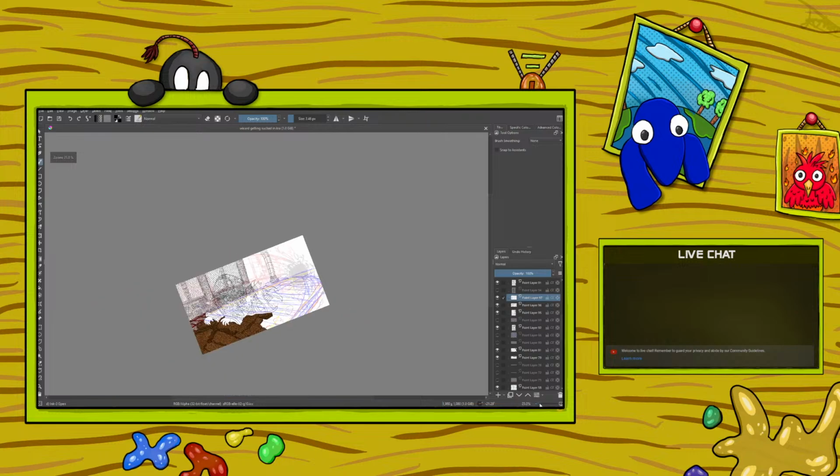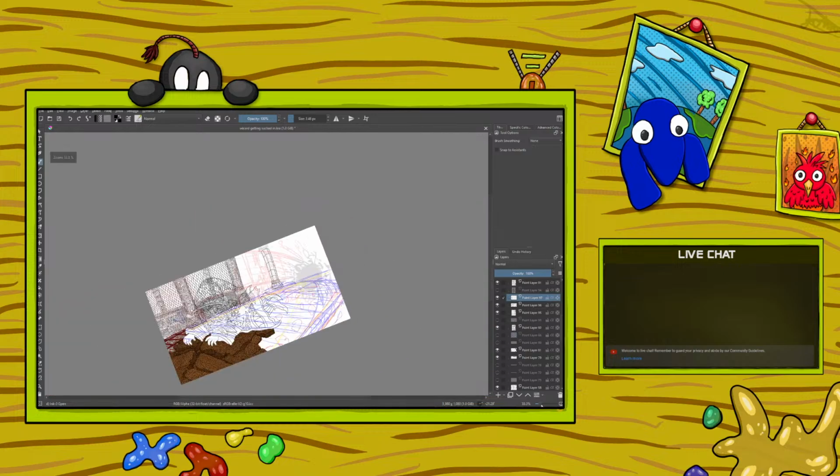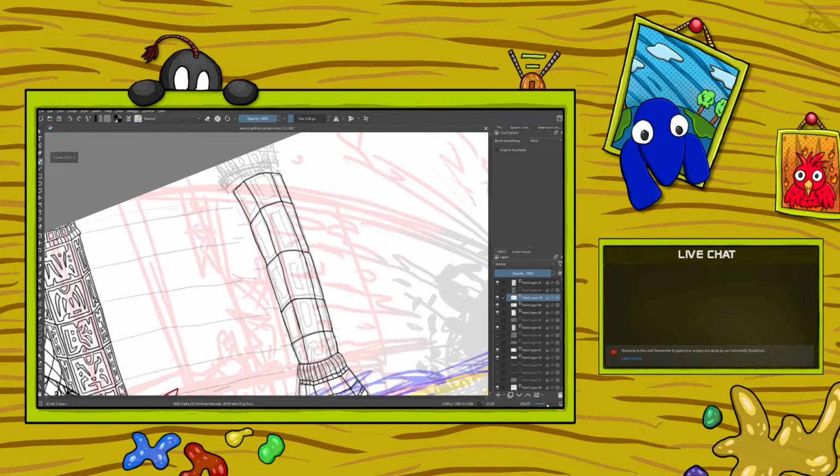All right. That should work. Now I need to make sure that I don't have those bumpy lines. Yep. Now we actually have that.